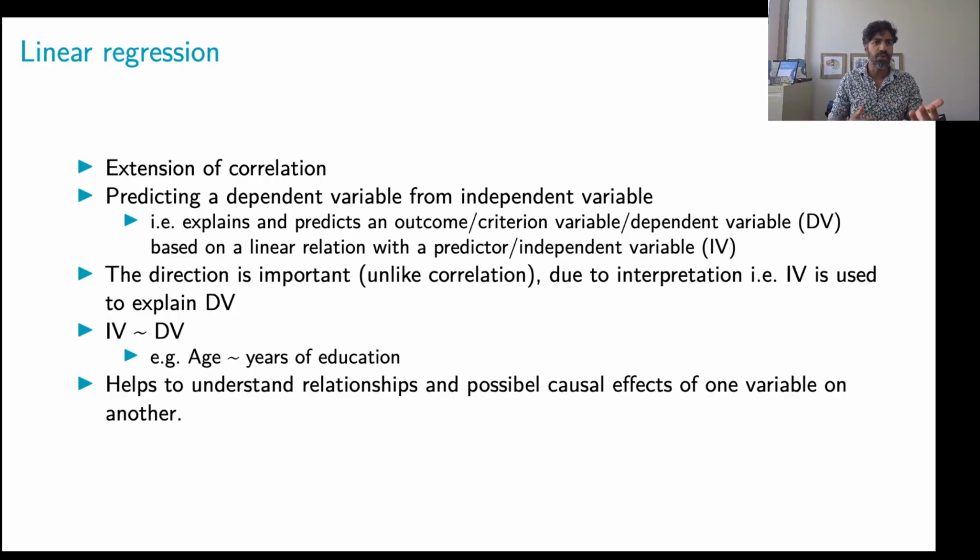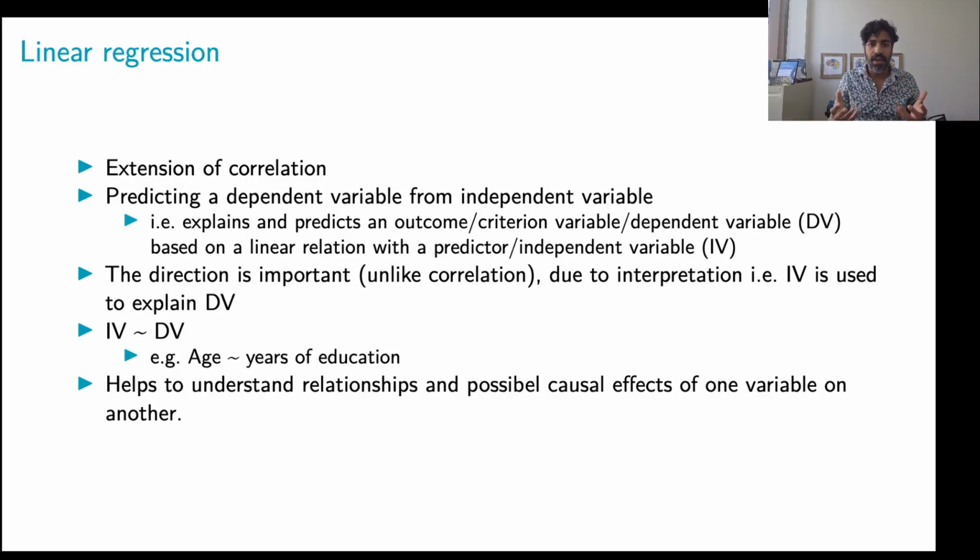So for example, here, age and years of education. Age is the independent variable in this situation. The dependent variable is years of education. So the relationship may be that as people are older, they're more likely to be educated as they age. So why does it matter in terms of linear regression?